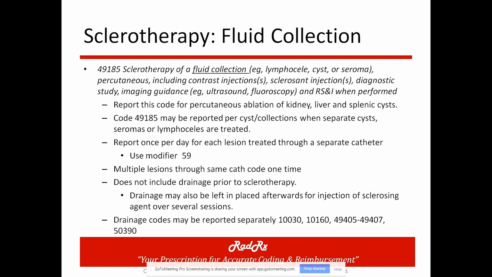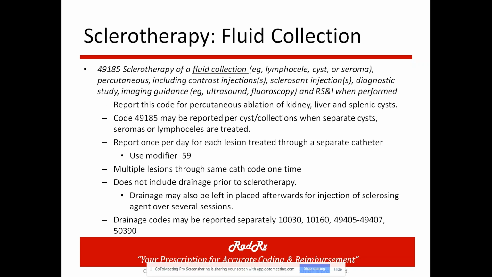This is more of a generic code, but most commonly that's where you would see these types of procedures being done. The intent of this code, and I think that's why they put it in this section, is that the instruction was to report this code when they're doing an ablation of kidney, liver, and splenic cysts. So you can see why that would fall into that section of CPT, but it's not restricted to that.